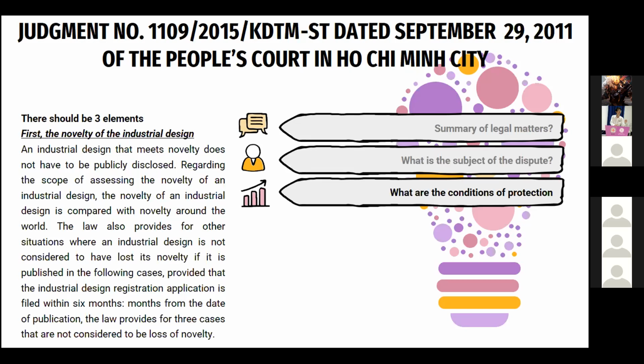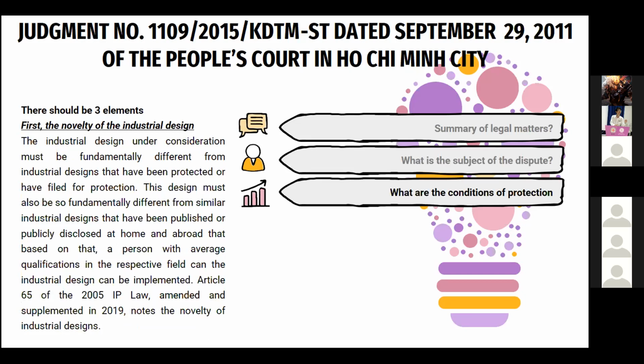if it is published in the following case, provided that the industrial design registration application is filed within 6 months from the date of the publication. The law provides for these cases that are not considered to be loss of novelty.